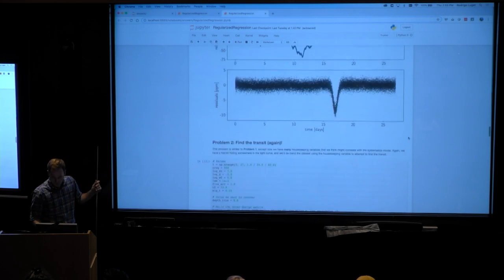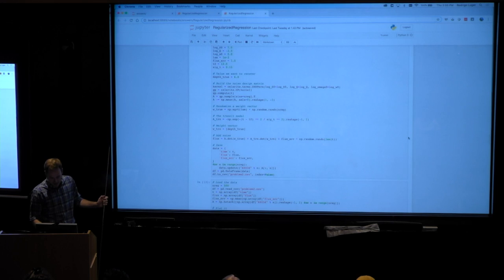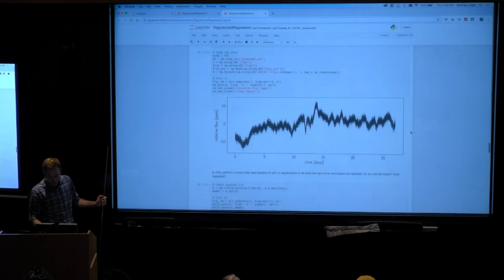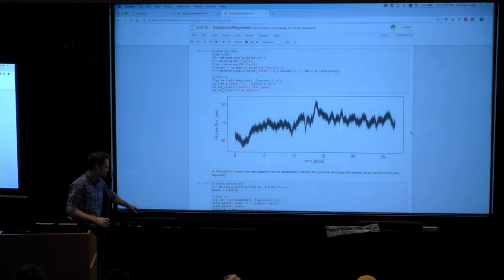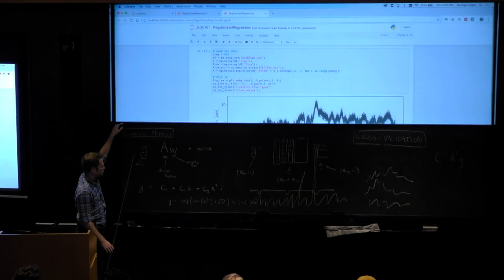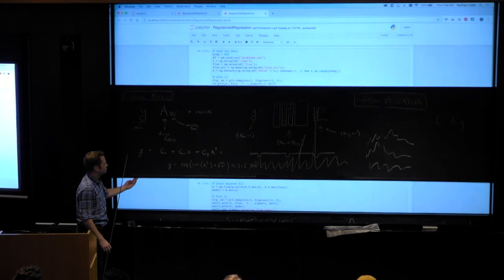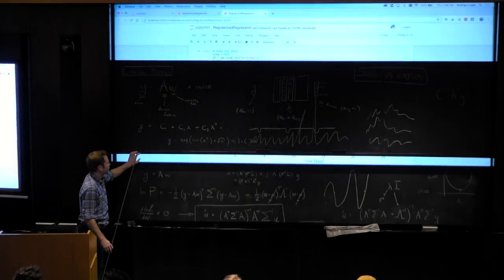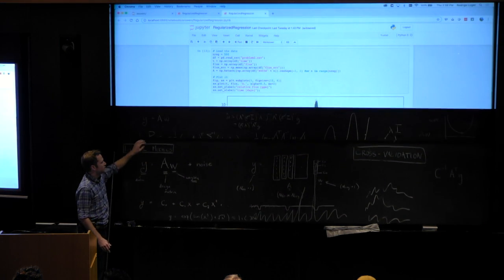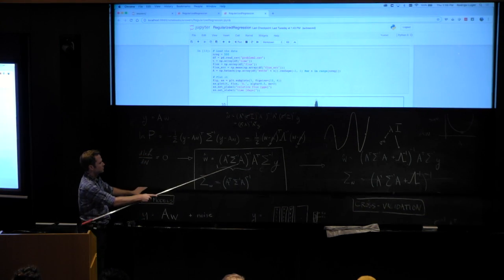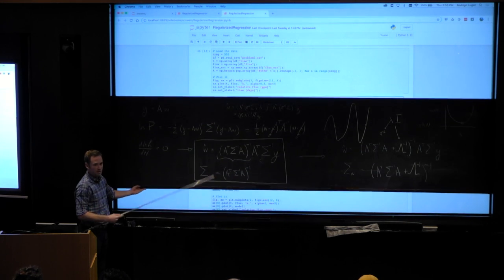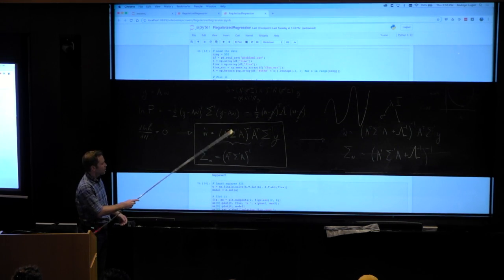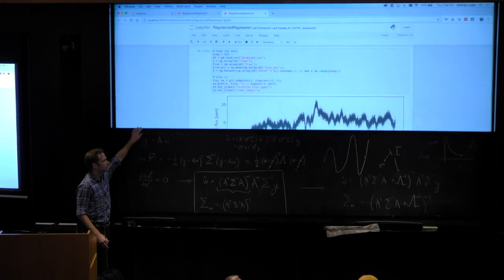Okay. The second problem is the exact same thing, except this time we have 500 regressors. And if you were to repeat the exact same procedure, where you don't have any regularization, you will find the weights actually get fairly large, and then your model will perfectly fit the data.